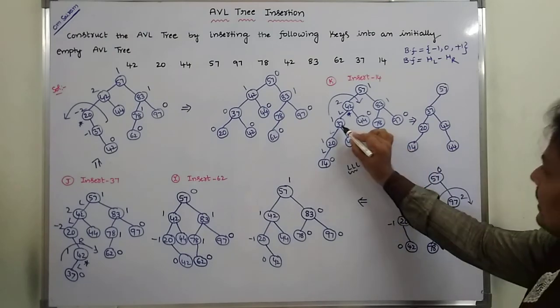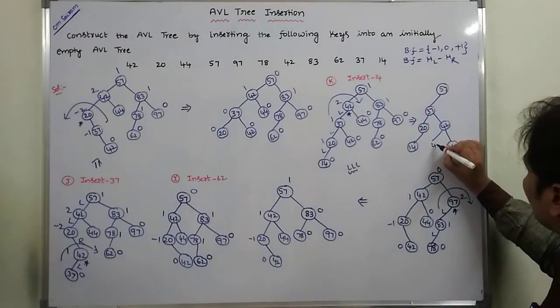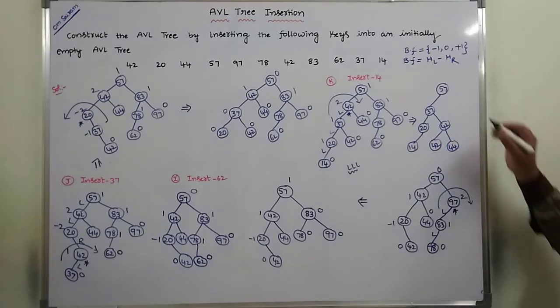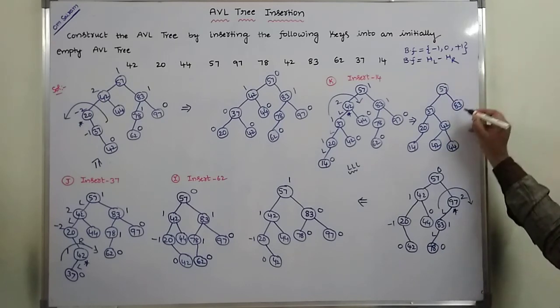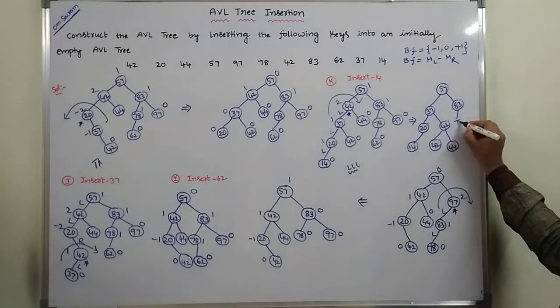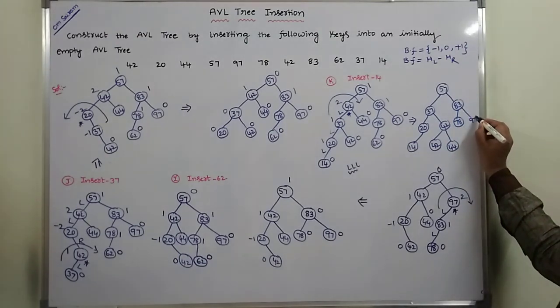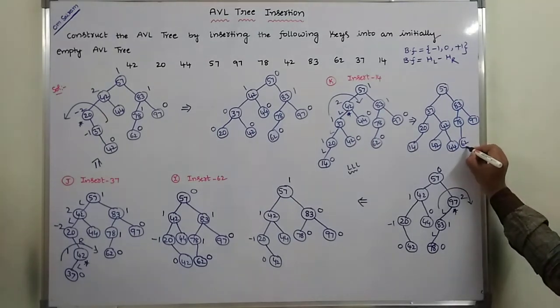So now this right child goes to 42 left child. Okay. Next, this side we are getting 83. 83 left child is 78 and 83 right child is 97 and 78 left child is 62.